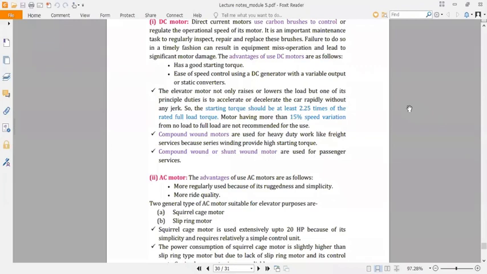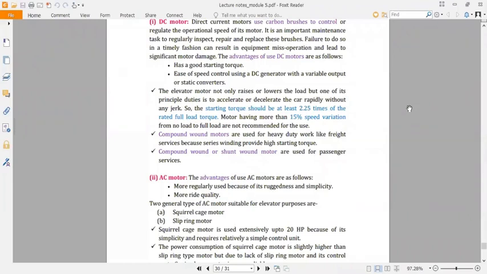Also, the speed control is very simple in the case of the DC motor. We are using the carbon brush to control or regulate the speed of the motor.